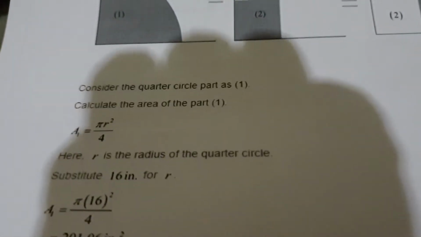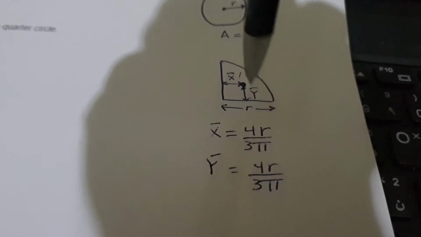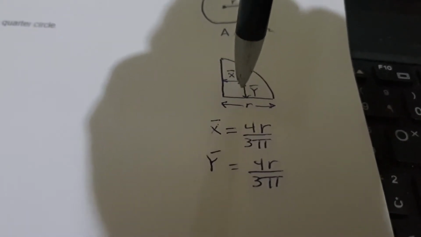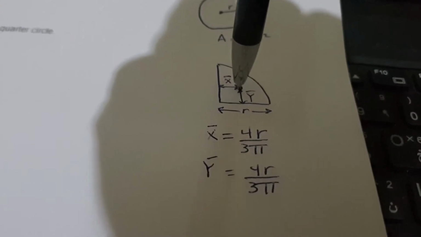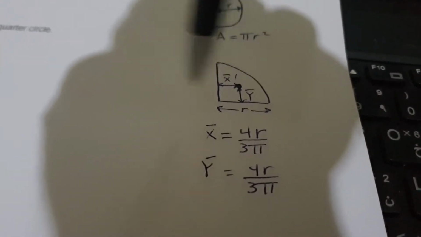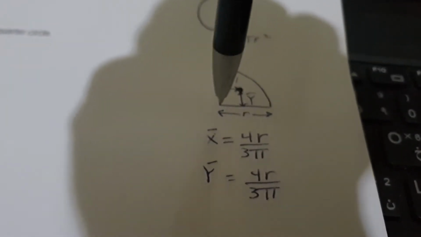Nice. So now we found the area of this one. Now, if you have 1/4 of a circle, what is the centroid of this 1/4 of a circle? By definition, you should know it. If you have 1/4 of a circle, let's call the centroid x bar and y bar. So this is the centroid of 1/4 of a circle at this point. X bar on the x-axis is 4r over 3 pi, where r is the radius.